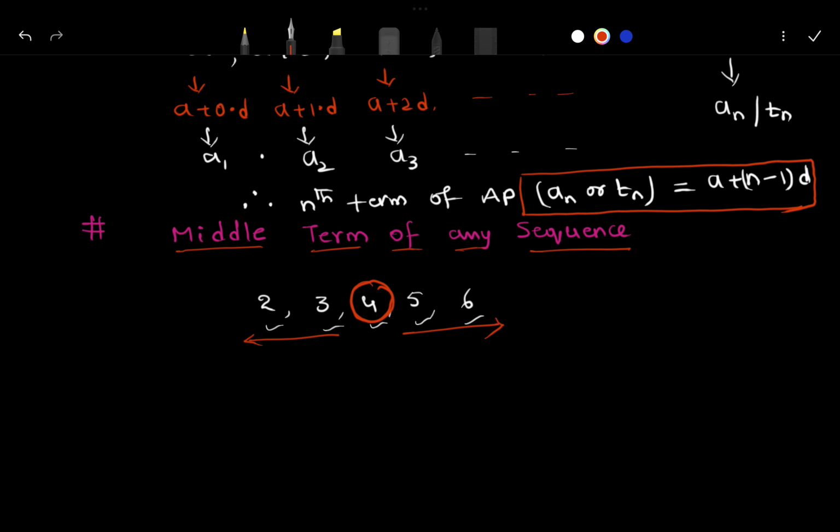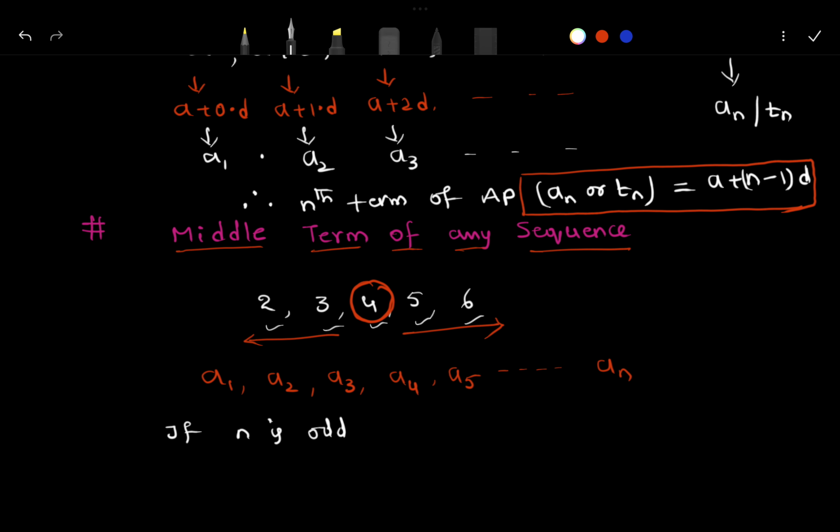Consider the terms a1, a2, a3, a4, a5 and so on, up to an. Now if n is odd, then the middle term will be the n plus 1 by 2th term.